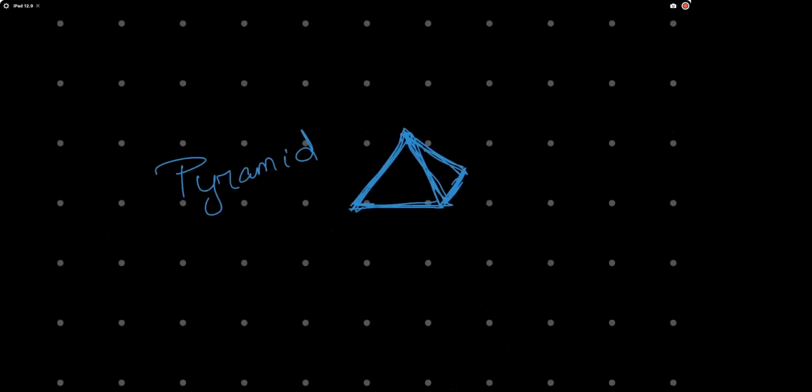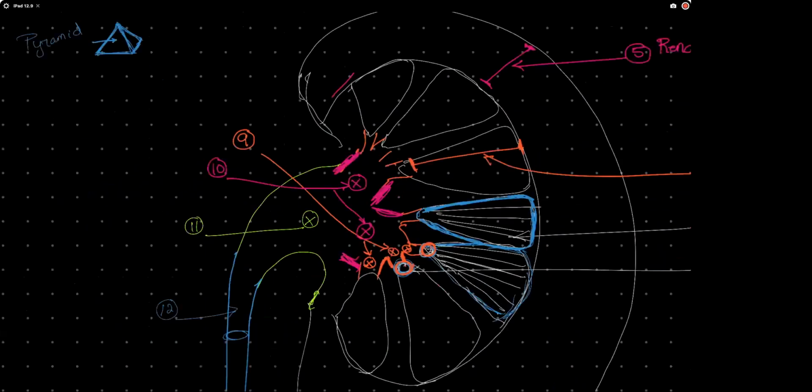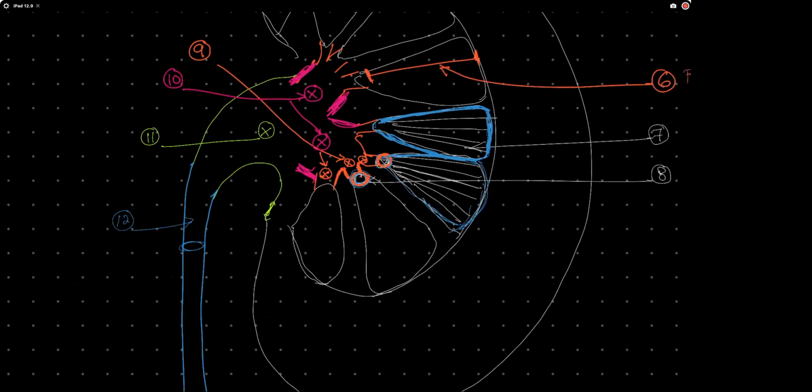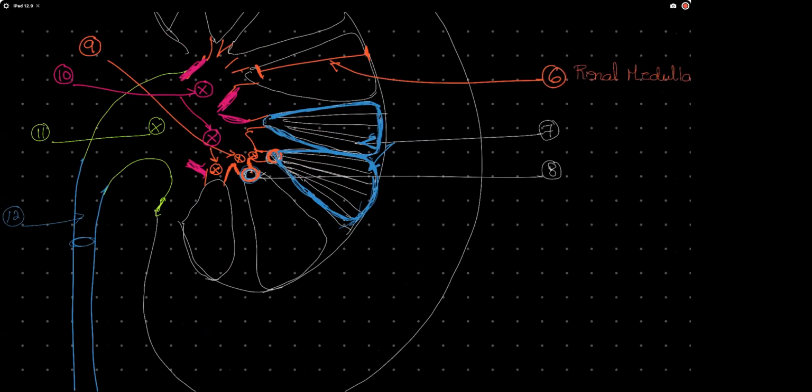So we're looking at this side, so it looks like a triangle. So what do we call the pyramids here of the kidney? What would we call those pyramids of the kidney? Yeah, we call the pyramids of the kidney something related to the kidney.